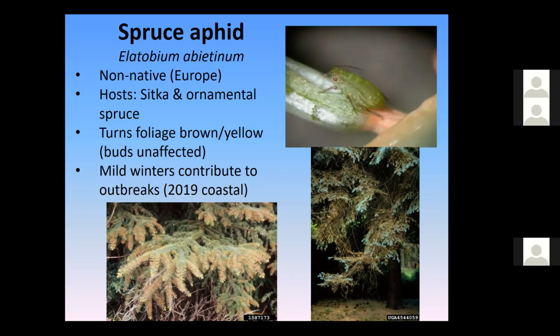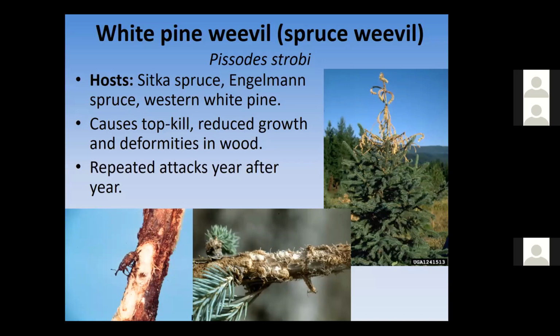The good thing with this is that since the buds and the new foliage aren't damaged, the trees will tend to recover. And so if you go through these areas that were affected in 2019, it's really hard to tell that it had even been there, except they're missing some of the older foliage. So some stress, some growth loss, but you add drought to that, you get big problems.